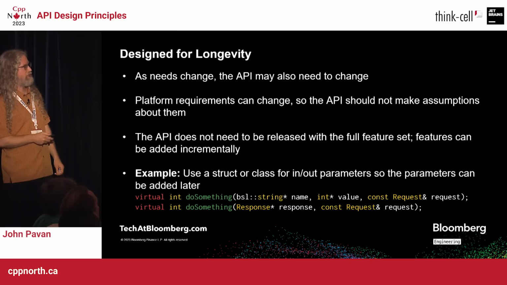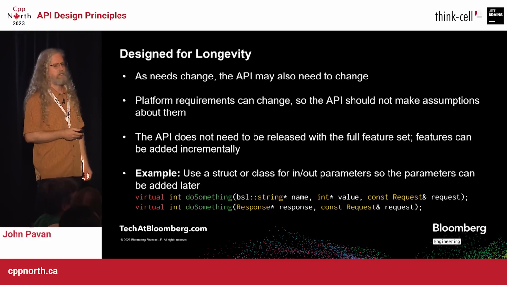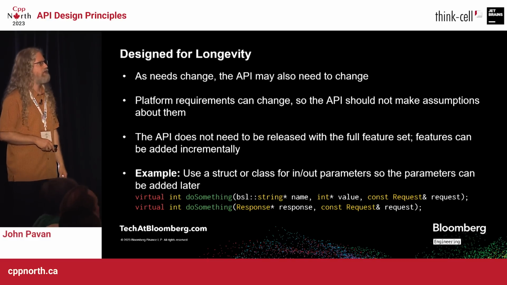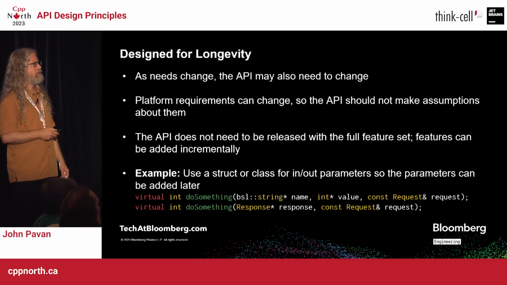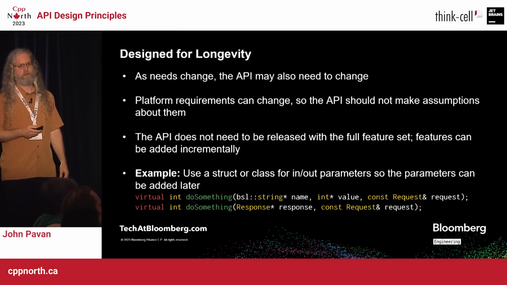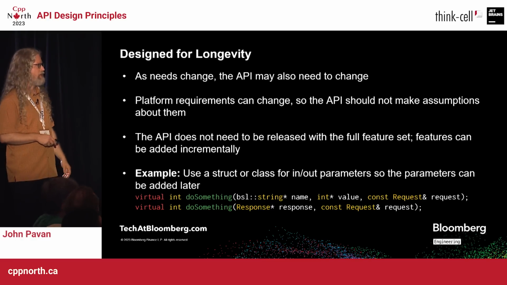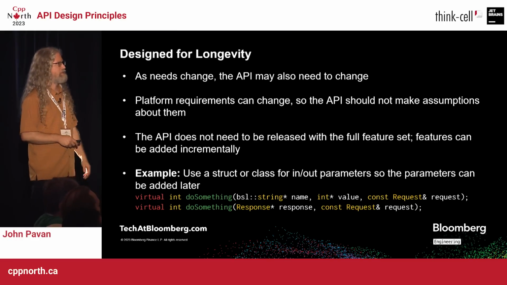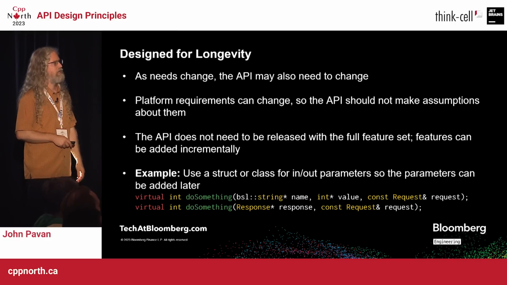You also need to design things in terms of longevity. The people who are using your library may have different needs in 5 years, 10 years than they do now. As a consequence, your API may need to change. It can also be that the hardware that they're running on is different, and therefore the platform requirements can change.